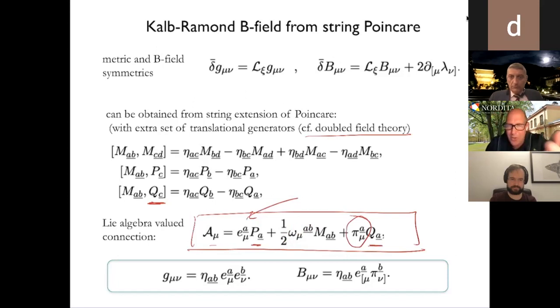The statement, and I'm not going to show you the details, but I'm just going to state it, is that if you construct the metric as usual, just as this rotational invariant combination of the regular vielbeins, and construct the B field as this anti-symmetrized combination between E and this new gauge connection pi that corresponds to these extra translation operators, then you can show that the group transformations in this string Poincare algebra generate these transformations.